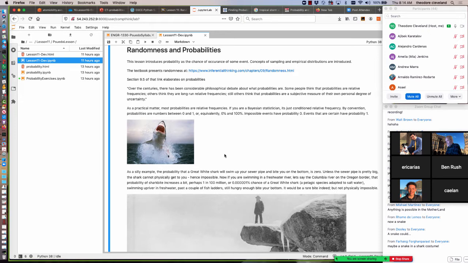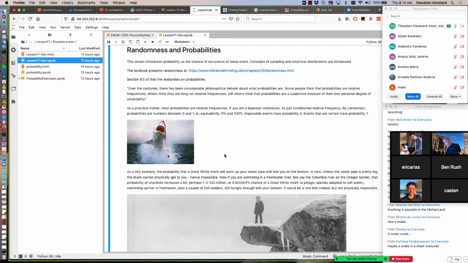So the probability of getting bit by a great white shark there might increase a tad. Maybe 1 in 1 million, 1 in 100 million, or 0.0000001% chance. And let's study if that chance, not the numerical value, but a non-zero chance makes any sense.